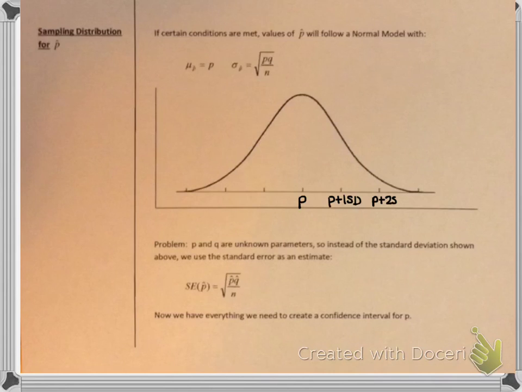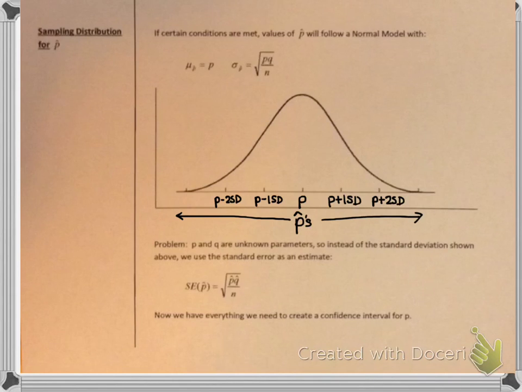Or 2 standard deviations, and so on. We label this just like we normally would. Remember that this is the sampling distribution of p hat. These are our p hats, the things that we're concerned about. And we usually talk about 1 if we're talking about a test.